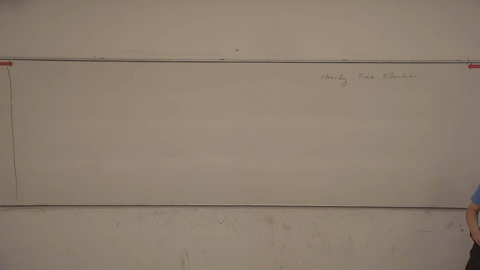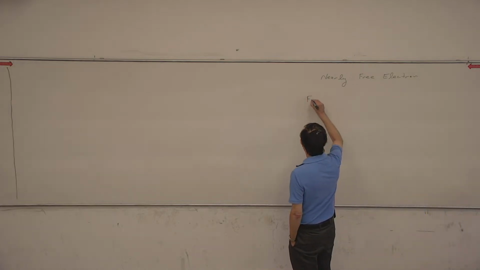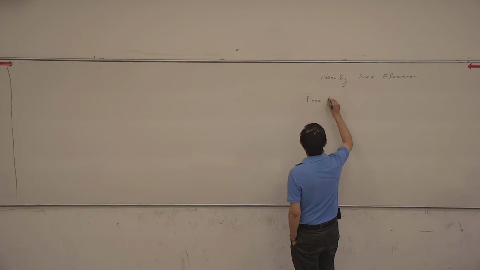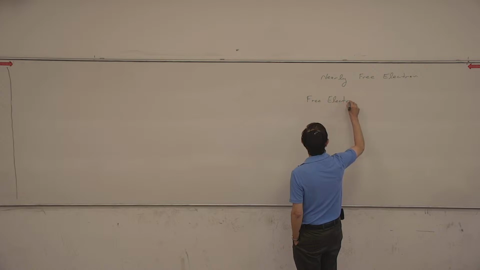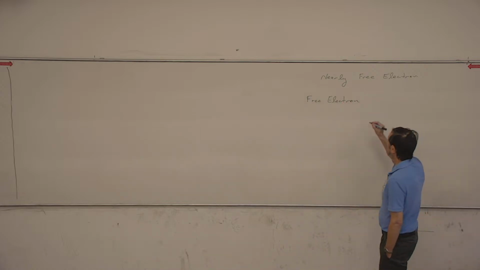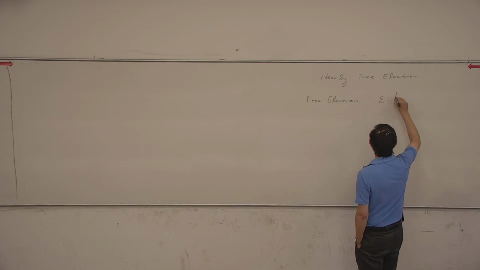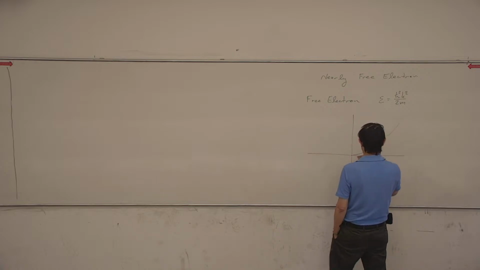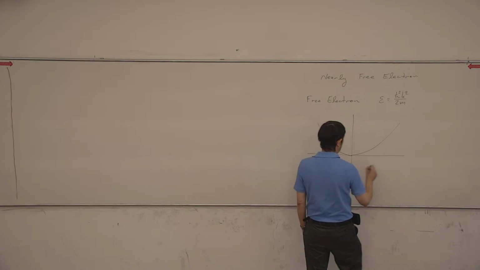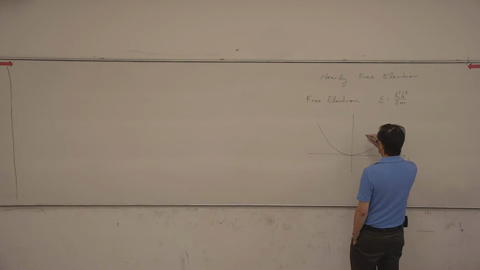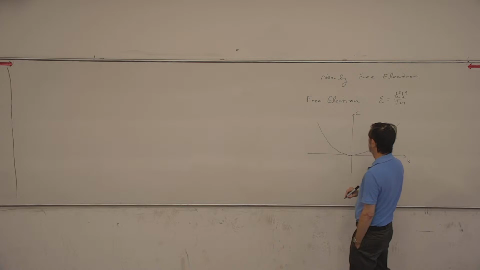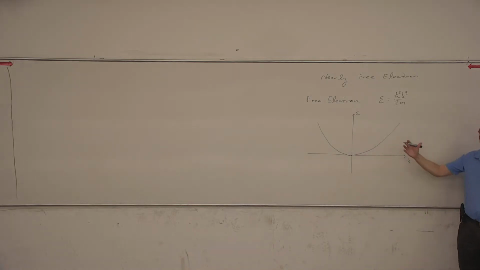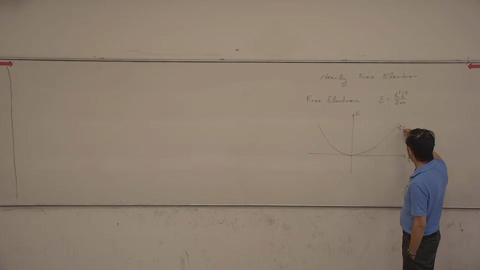Basically, for a free electron, this was your dispersion relation, the connection between E and K. The famous parabola.